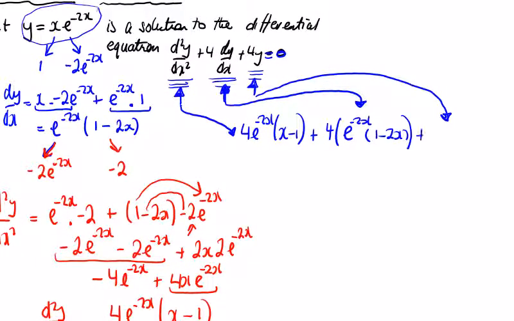So that's going to be plus 4x e to the power of minus 2x. So we just got to simplify this down and show that it equals 0.